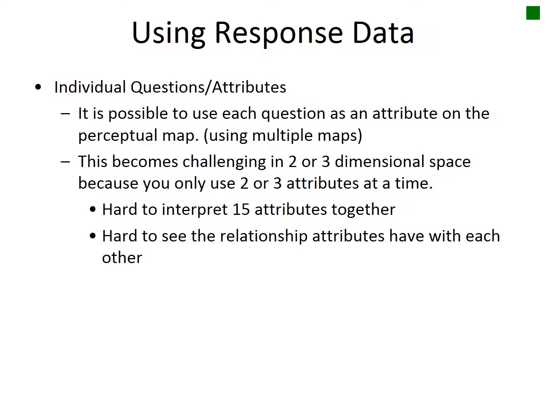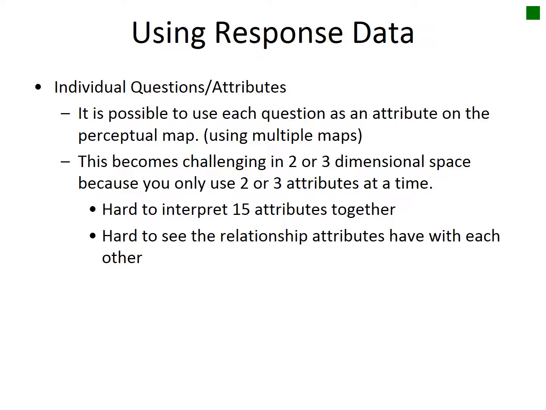Okay, so this process of using a snake map and then using individual items for perceptual mapping is useful, but it also requires a fairly deep amount of time and interpretation to be able to take all that information separately and interpret them all together.